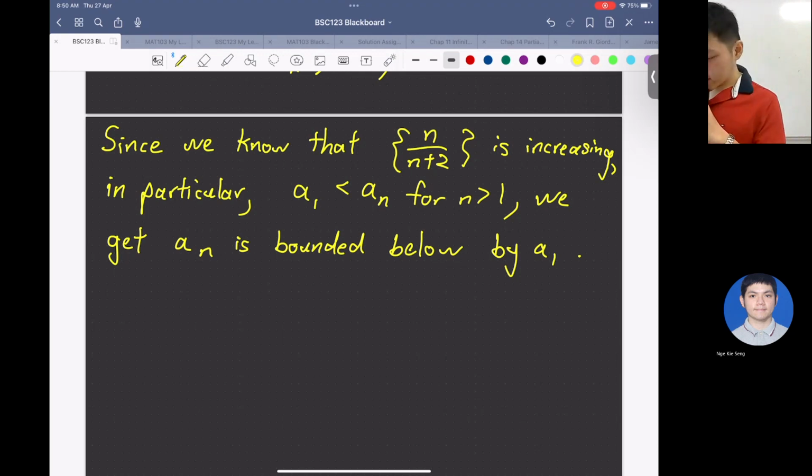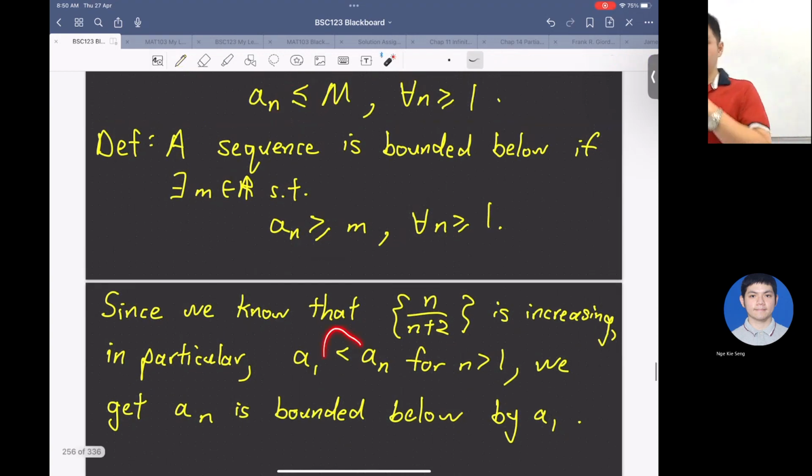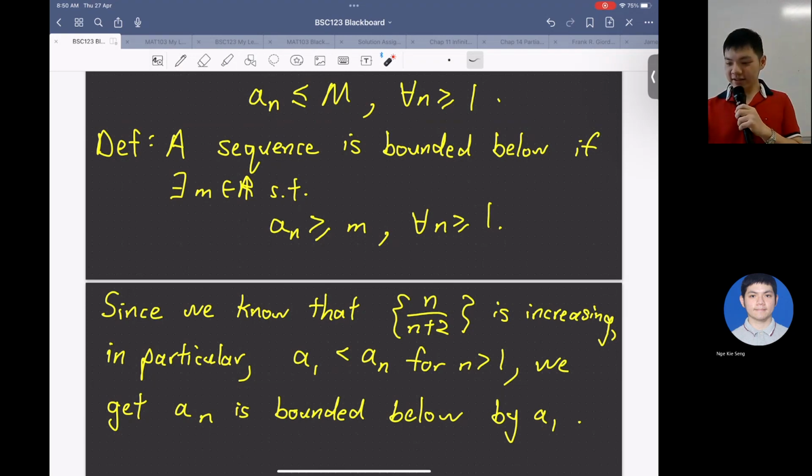Can you see that here we got an equal sign, but here we only have strictly less than? Does it matter? This is less than or equal to. It's an or. You don't need to satisfy both. You satisfy equal or you satisfy less than.